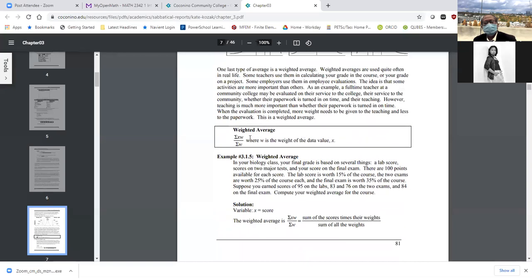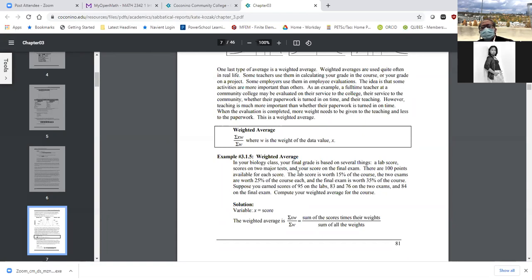And this one is talking about the weighted average. This is an example in a biology class. What is the final score in this class?